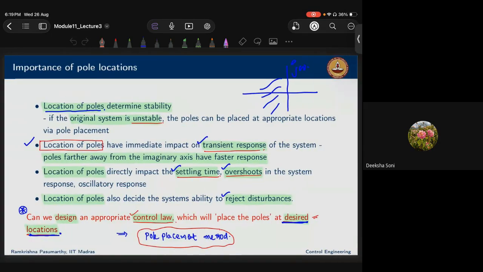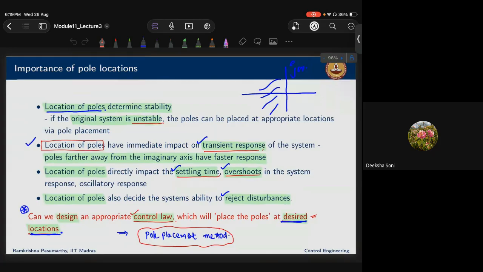I'll use the same slides. We already know that the location of poles talks about stability. If poles are in the left hand side, the system is stable. If any pole is on the right hand side, we say the system is unstable.